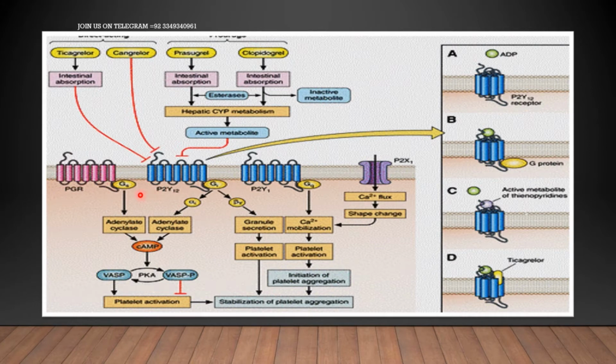The inhibition of these receptors leads to a cascade of events, and I'm not going into the details of that mechanism, but the ultimate result is that activated platelets are blocked as a result of the blockage of these receptors.